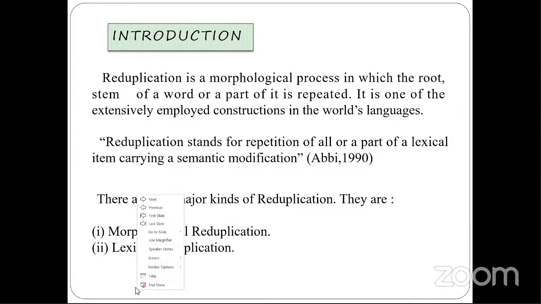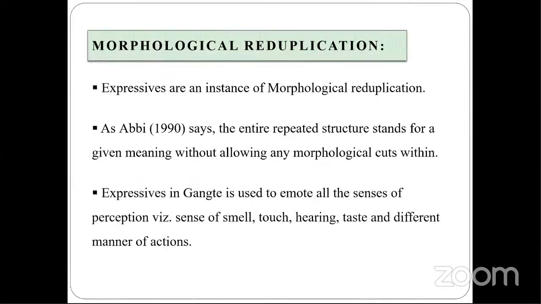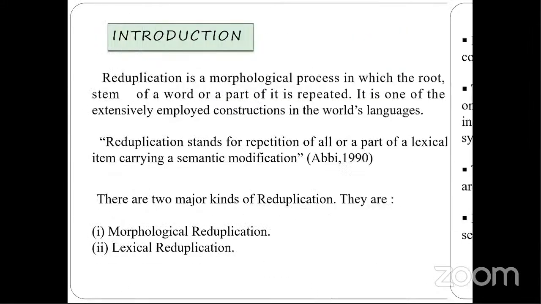Reduplication is a morphological process in which the root stem of a word or a part of it is repeated. It is one of the most extensively employed constructions in the world's languages.